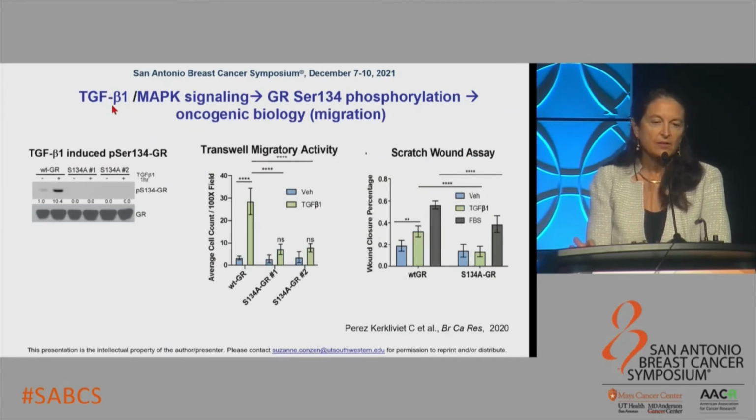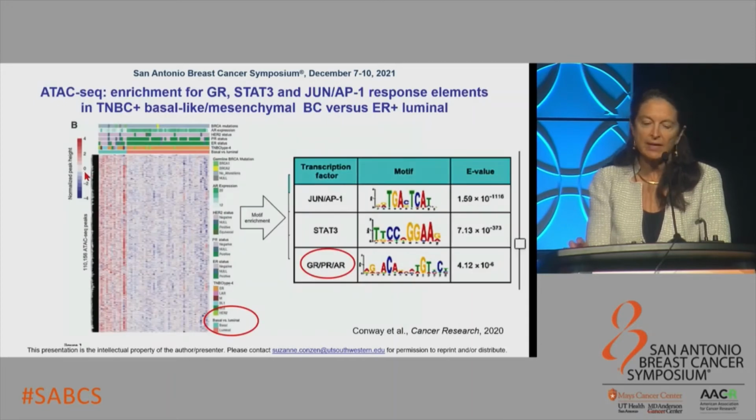More recently, Carol Lang showed that TGF-beta1 activates MAP kinase signaling in triple-negative breast cancers, causing specific phosphorylation of serine 134. And she made a CRISPR knockout of the serine and mutated it to an alanine.